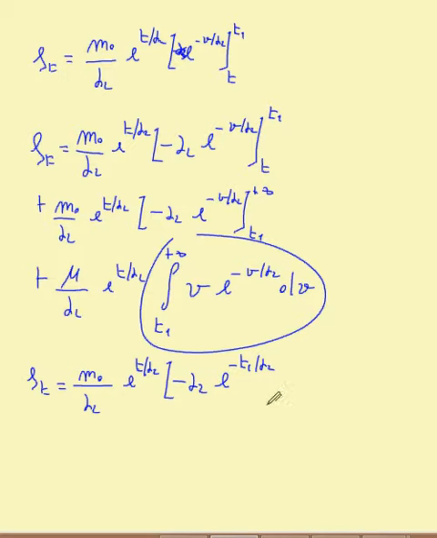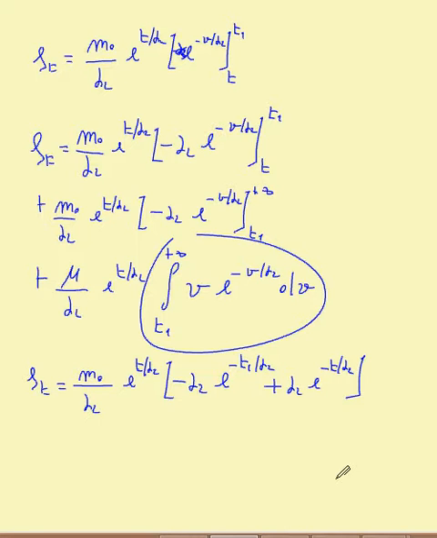Minus becomes plus the value in t, which is alpha 2 e to the power of minus t over alpha 2. And this is the first part. I've just computed the value in t1 minus the value in t.